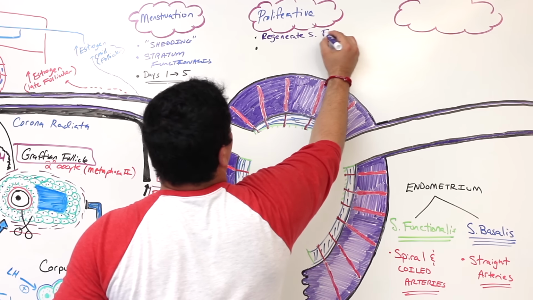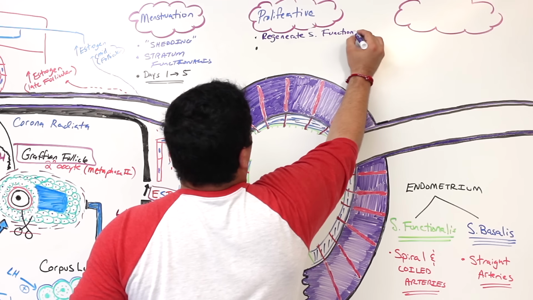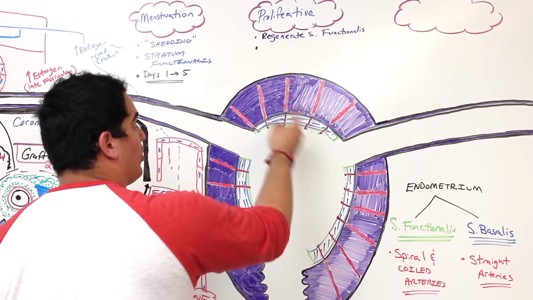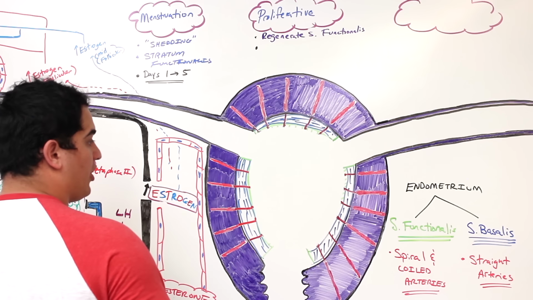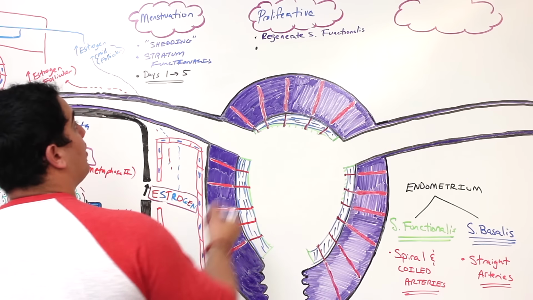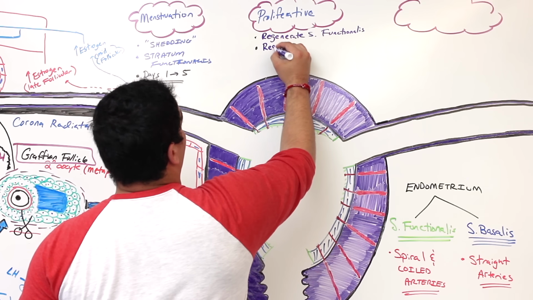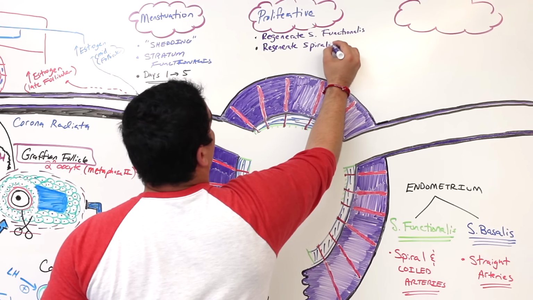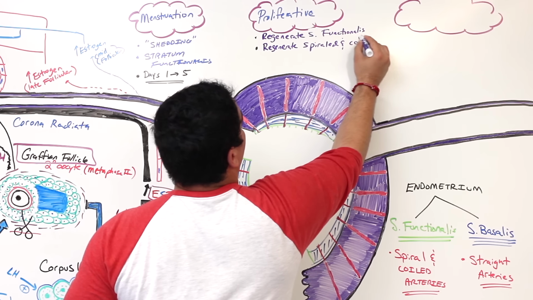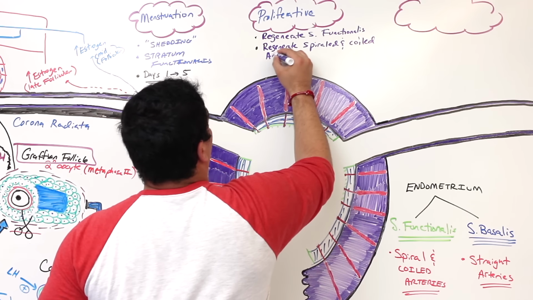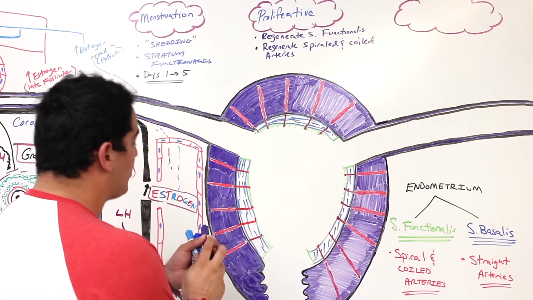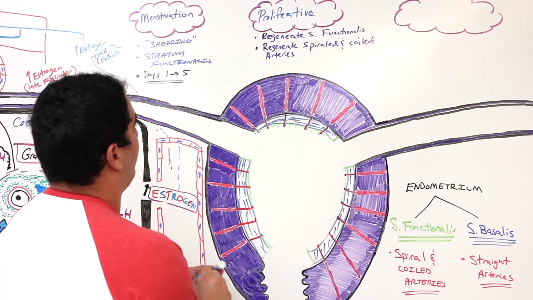You shed it off in the menstruation phase, and then you regenerate it within the proliferative phase. Another thing you're going to regenerate is the spiral and coiled arteries, and I'm going to explain how this happens. First off, what days is the proliferative phase occurring?